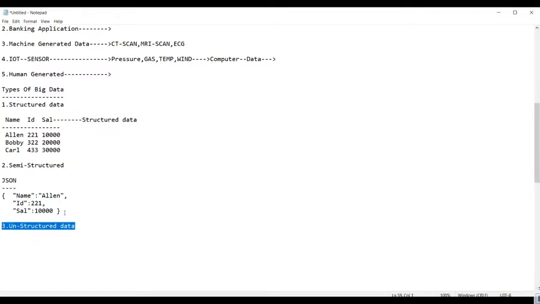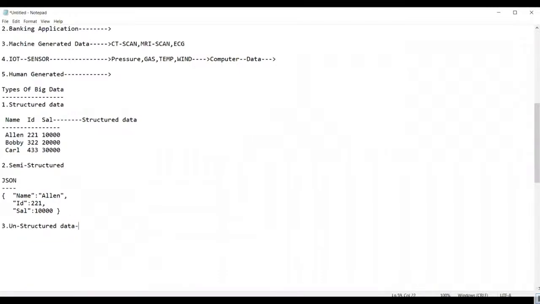Unstructured data is basically data with no particular structure, such as the photos in your mobile phone, the videos, the chat history, and the voice notes. All of these come under unstructured data only.